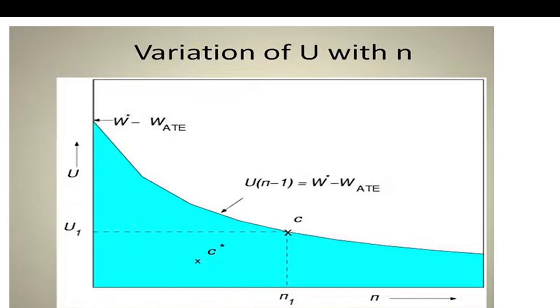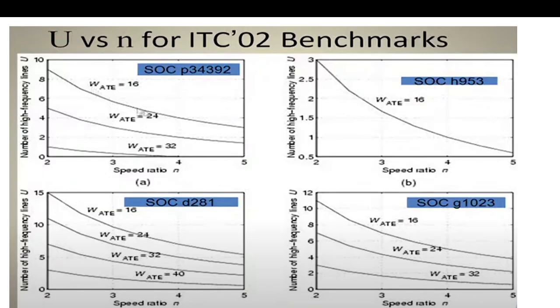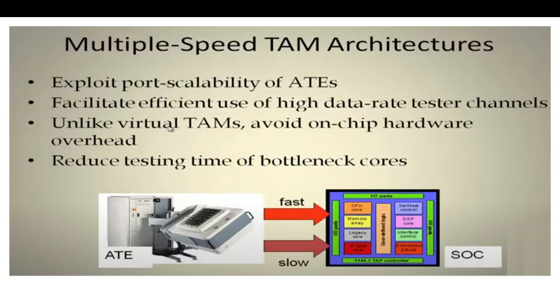So now this is the variation of U with N. So you can see for various numbers of high speed lines with respect to the speed ratio for different benchmark circuits.